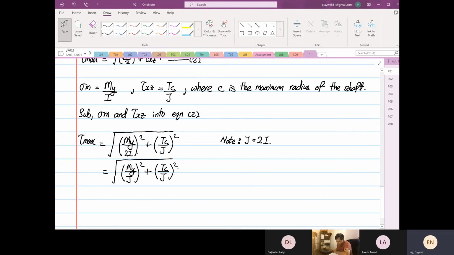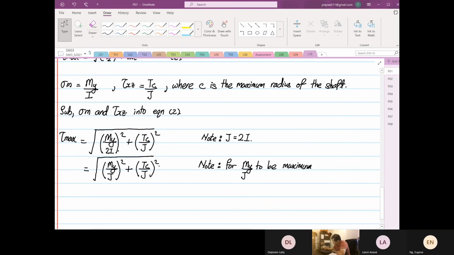Another note: for My over J to be maximum, y must also be equal to c, which is the radius of the shaft.